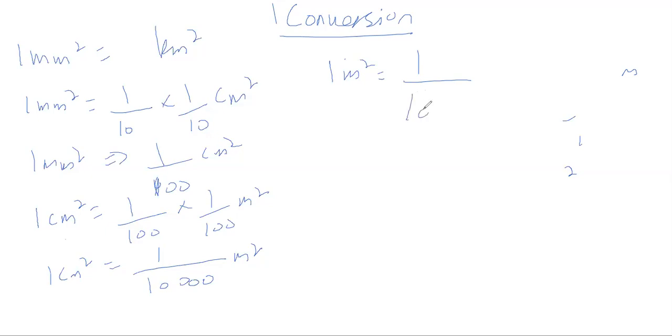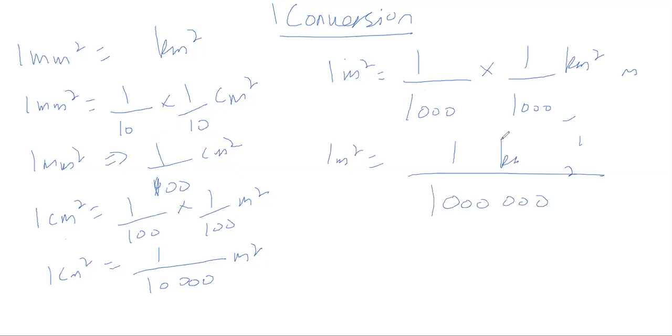So 1 meter is 1 over 1,000 kilometers, multiplied by 1 over 1,000 kilometers. So this becomes kilometer square. So 1 meter square is equal to what? 1 over 1 and 6 zeros. Is it right?